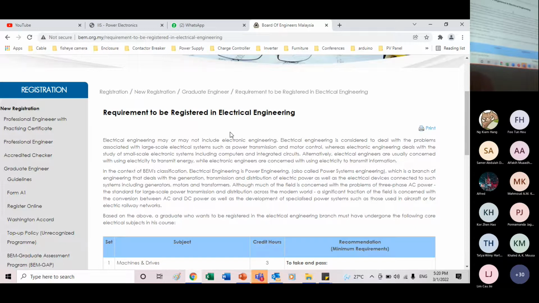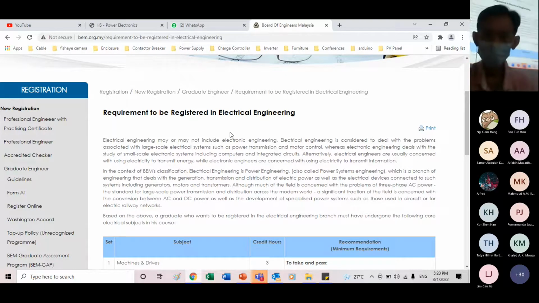So make sure you register electrical. Also, not every university program can register as electrical. Of course, don't worry, UCSI degrees are recognized. You can register as electrical. That is for sure.